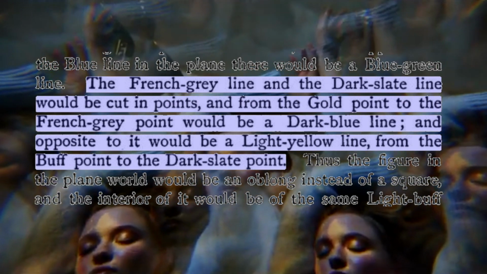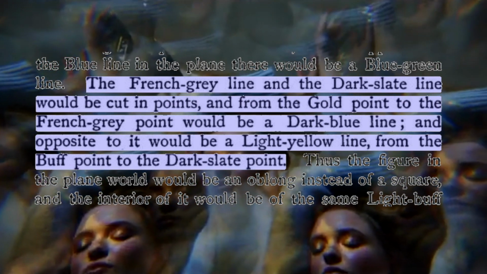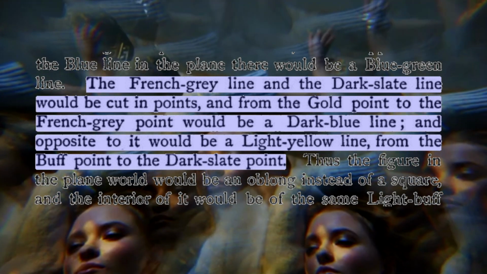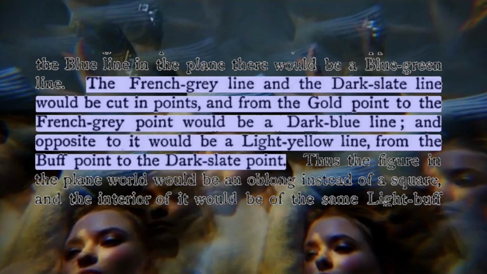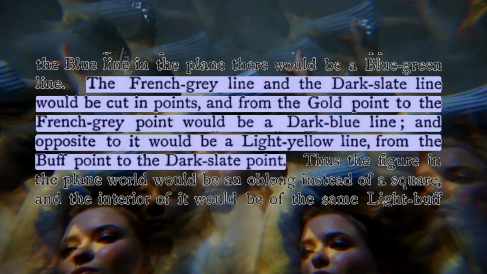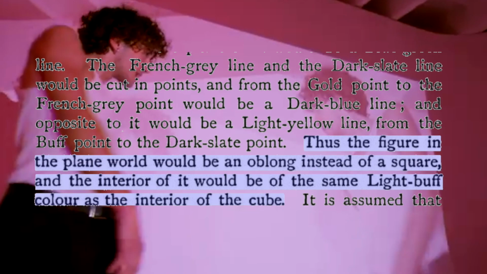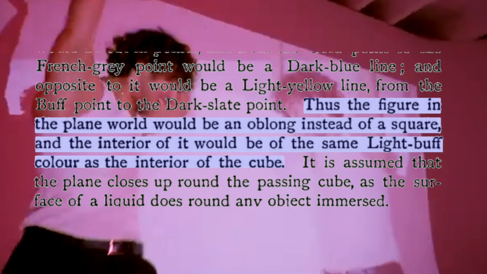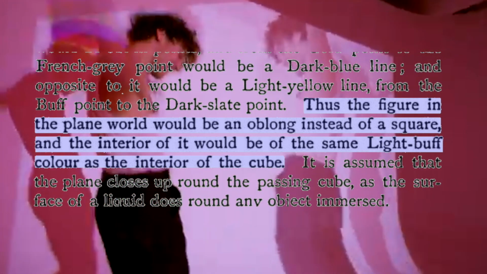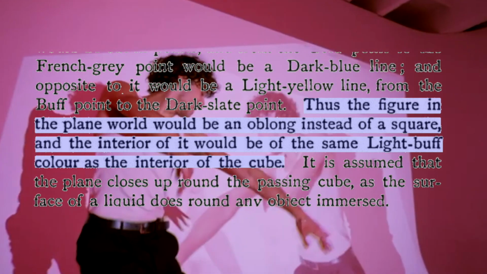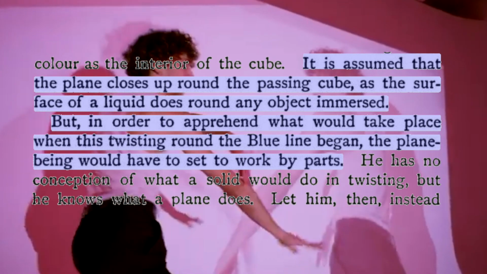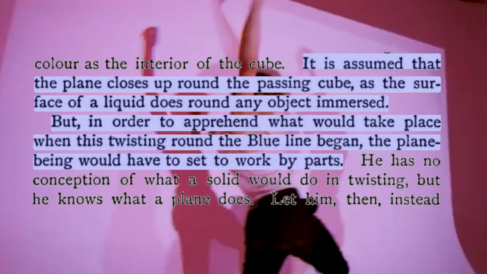The French gray line and the dark slate line would be cut in points, and from the gold point to the French gray point would be a dark blue line. And opposite to it would be a light yellow line, from the buff point to the dark slate point. Thus the figure in the plane world would be an oblong instead of a square, and the interior of it would be of the same light buff color as the interior of the cube.